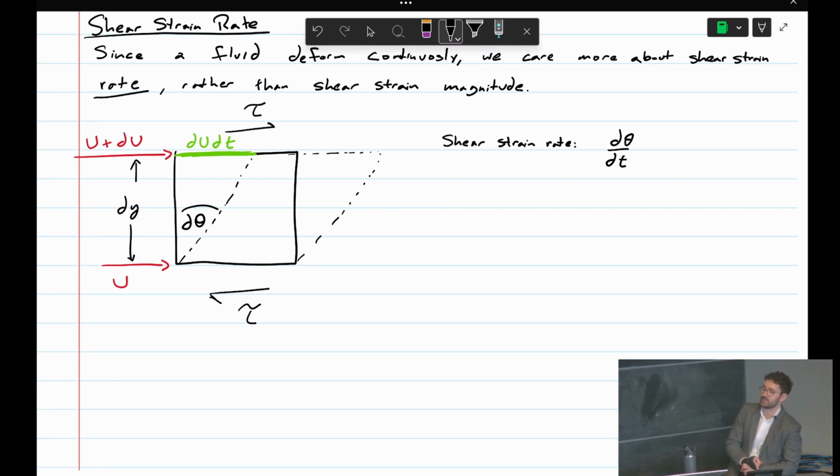So how fast that angle is changing in time. We're going to use the geometry of this triangle here to calculate that. So we have tan of d theta is du dt over dy.